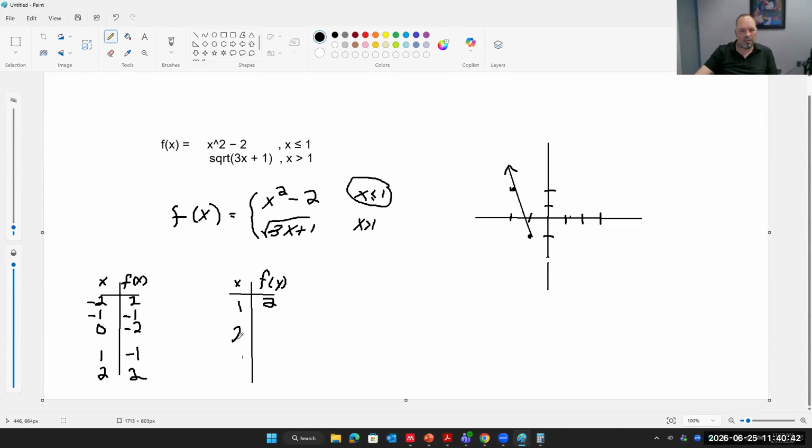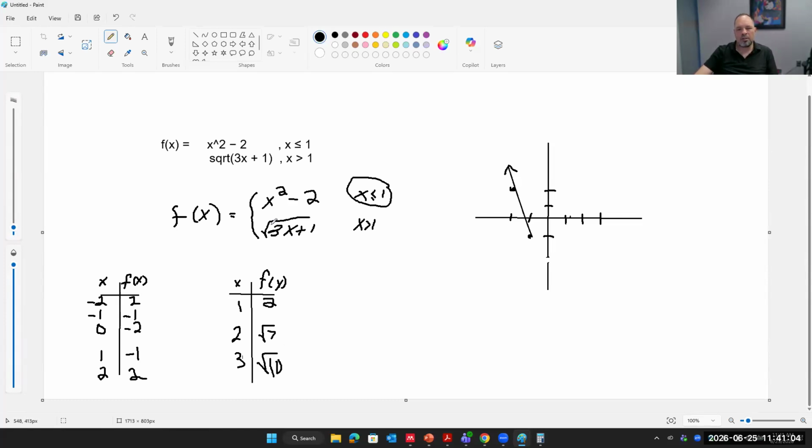Well, we might as well just stick with this. Because 3 times 2 is 6, 6 plus 1 is 7. So this is the square root of 7. Not very useful. 3 times 3 is 9 plus 1 is 10. So this is the square root of 10.